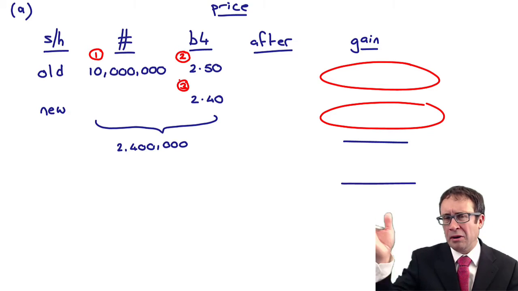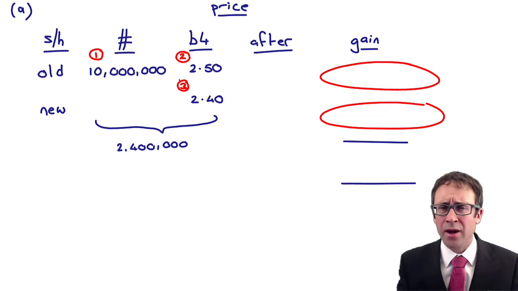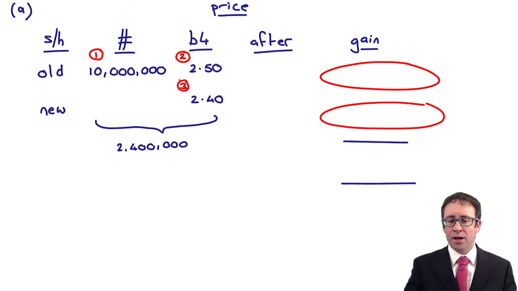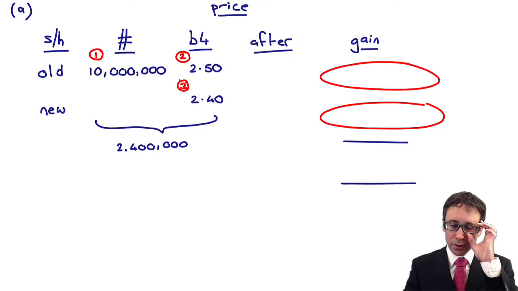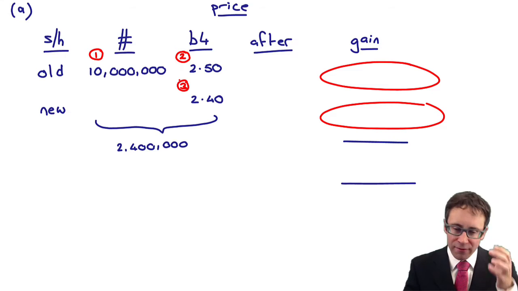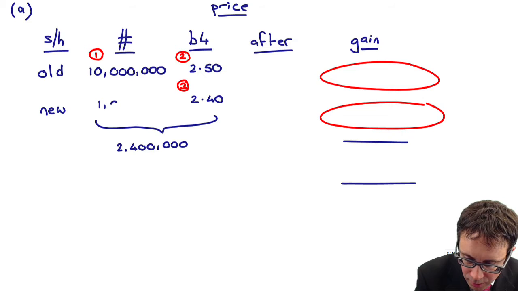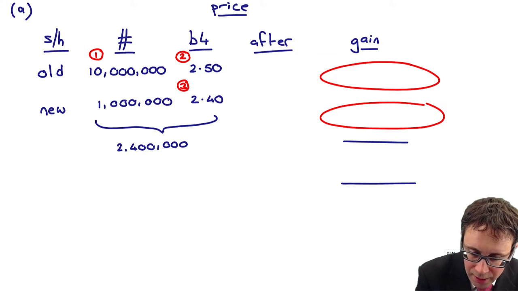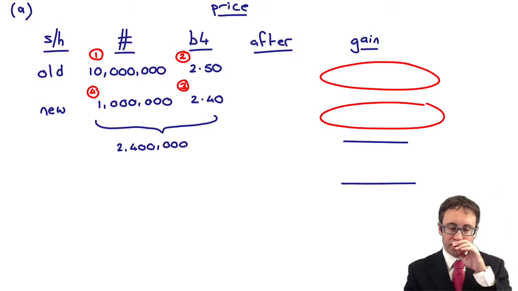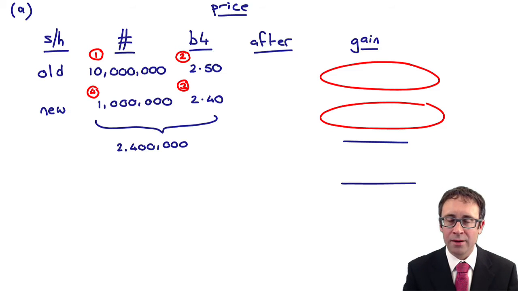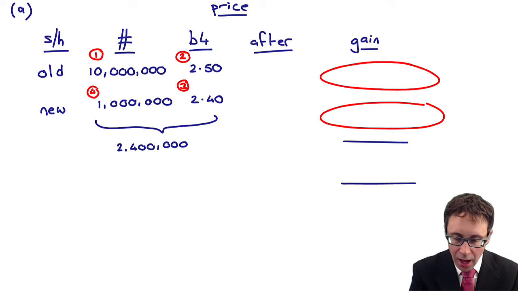You're not going to think, well, let's pay $2.60. No, I can buy it off the market for $2.50. So it's priced below the current market price. If that's the case, you can work out that 1 million shares need to be issued. The 2.4 million divided by 2.4 gives you 1 million. Excellent.